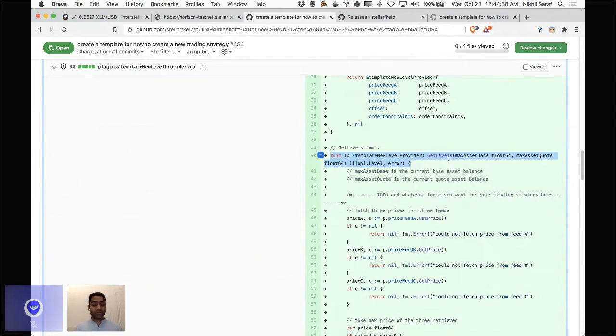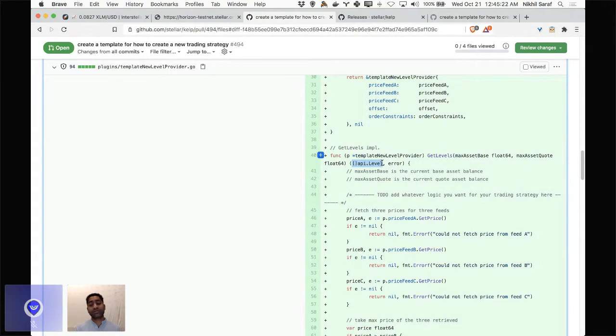This function takes in the value of your base asset and the number of units of your quote or counter asset, and you need to return a list of levels, where a level is just a price and an amount, and that's all you need to do. The bot takes care of the rest of how you plug those levels into the exchange.